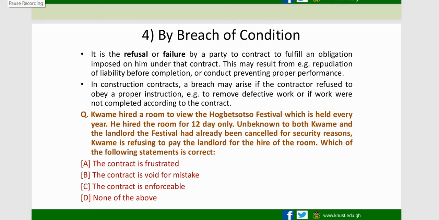But because you couldn't provide me the goods or the product at that point in time, it means there is breach of contract. I hope you get that.